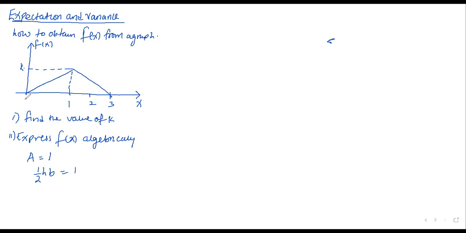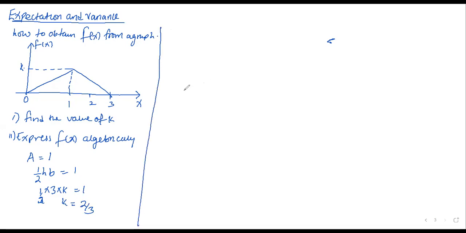So the base is what? The base is 3. The height is k, should be 1. Therefore, k is equal to 2 over 3. Straight away, you can get k from the graph.